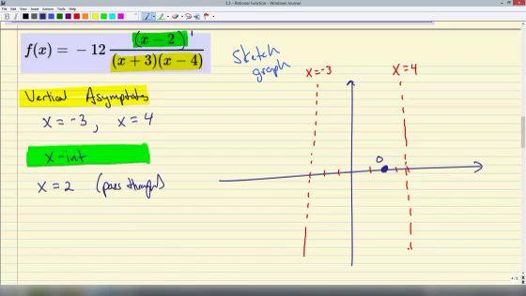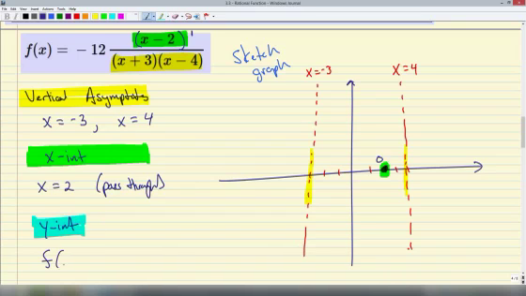So what else do we need here? Y-intercept. Yeah, let's find the y-intercept. So for our y-intercept, and hold on, let me get fancy with the colors. Here's our vertical asymptotes. Here's our x-intercept, and then we'll do the y-intercept in blue.